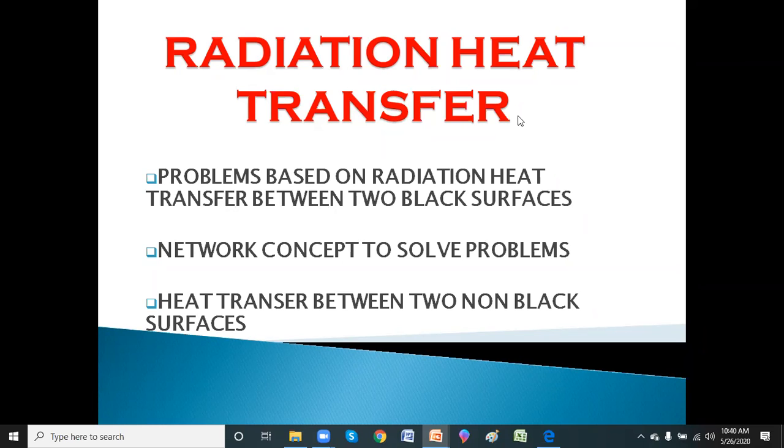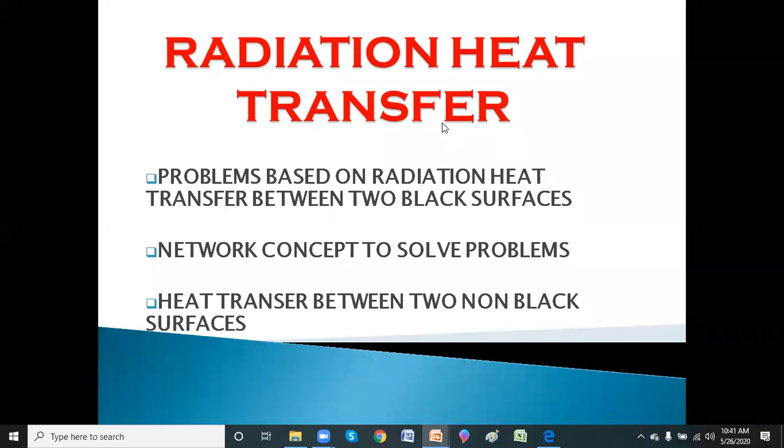Q12 is given by EB1 minus EB2 divided by 1 by A1 F12, where EB1 and EB2 are the emissive powers of black bodies 1 and 2. Once I know the temperatures of the surfaces, T1 and T2, I can easily find the emissive powers of the two black bodies, EB1 as well as EB2.